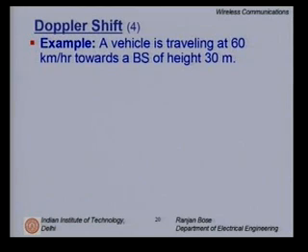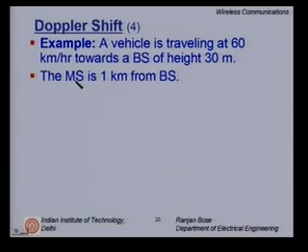A vehicle is traveling at 60 kilometers an hour towards a base station. The height of the base station is 30 meters. It's important to know the height of the base station because the angle of arrival of the radio signal will depend on how high the base station is.